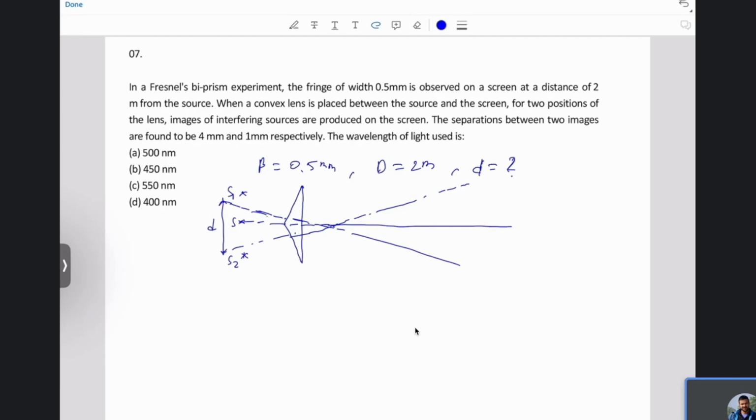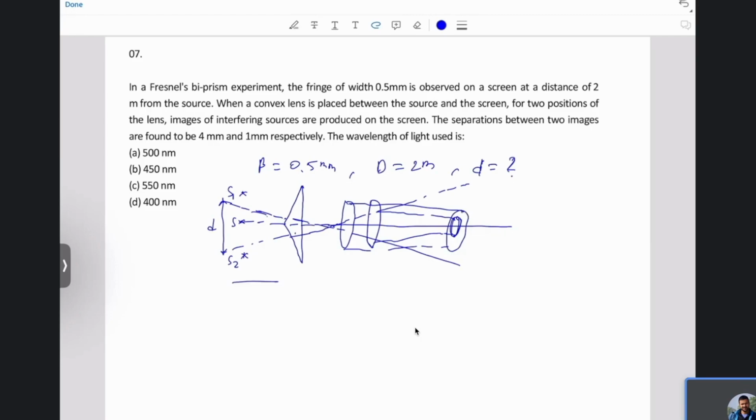Okay, and if you place a convex lens in this position, this will converge the light like this, right? So you'll get an image like this, a circle like this. Okay, and if you move the position of this lens to suppose here, then the convergence will be less, so you will get a circle like this.